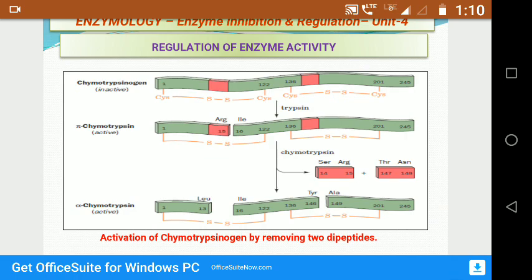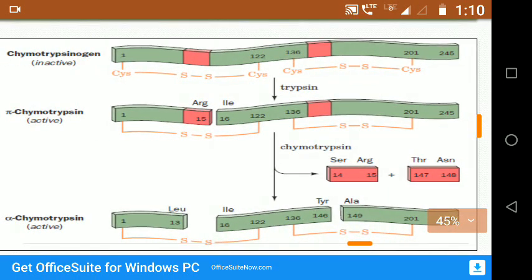So that active chymotrypsin will remove two short peptide sequences. One is a dipeptide having amino acids 14 and 15, and another dipeptide having amino acids 147 and 148. Two dipeptides are removed from two different regions.